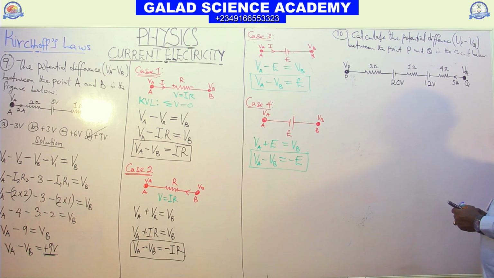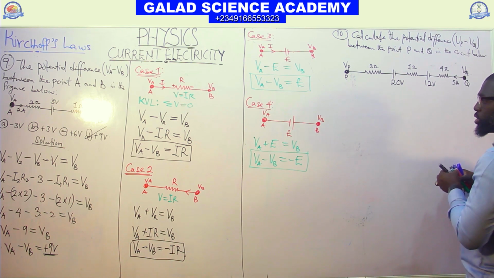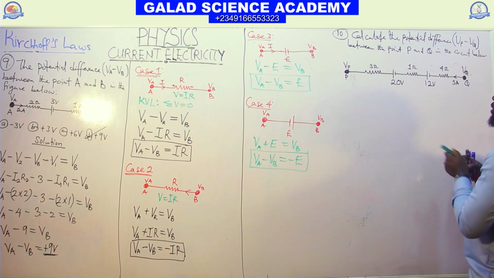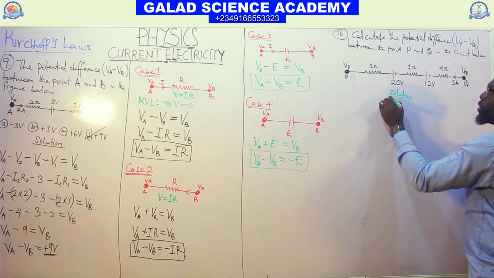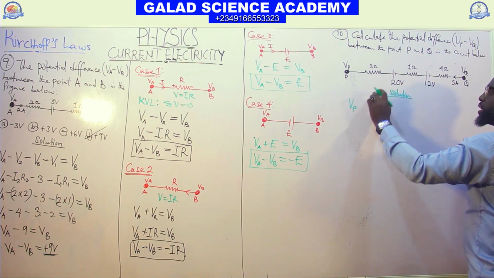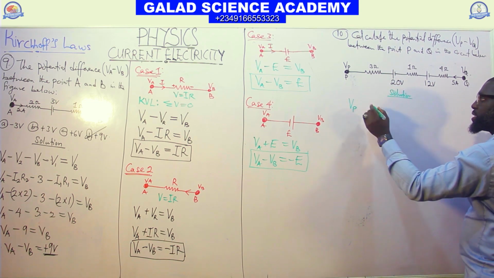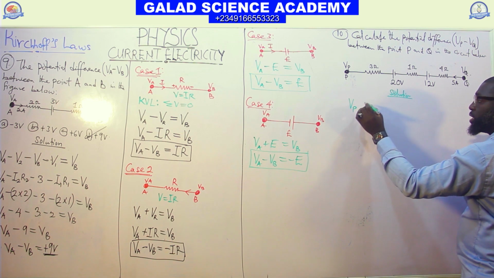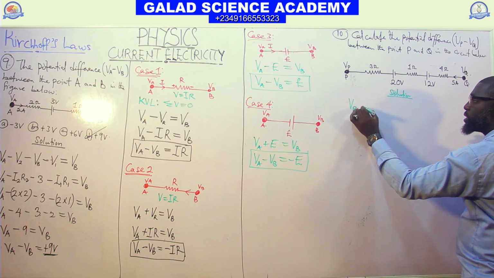So if the current is flowing like this, by taking the loop, solution. For this kind of question, we will have VP. Then the voltage for this one will rise. Instead of minus, it will now be plus.